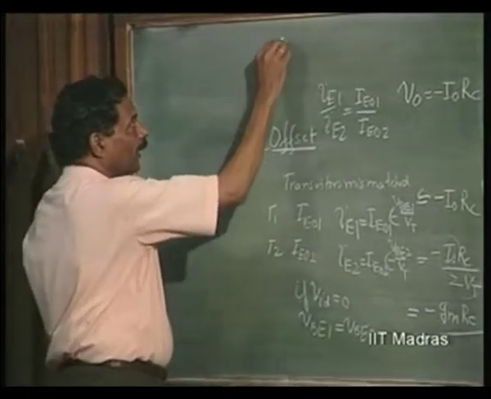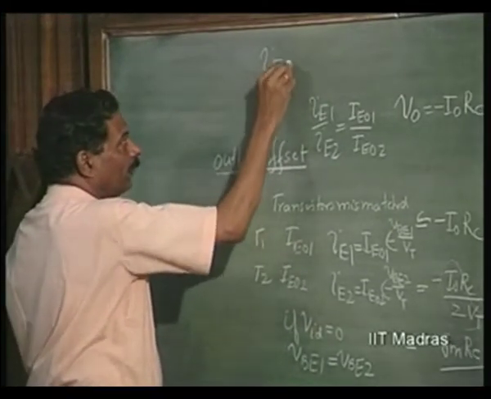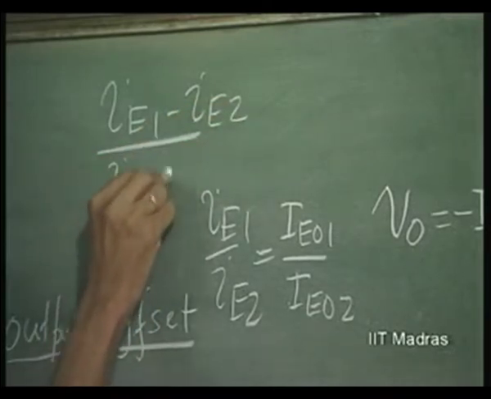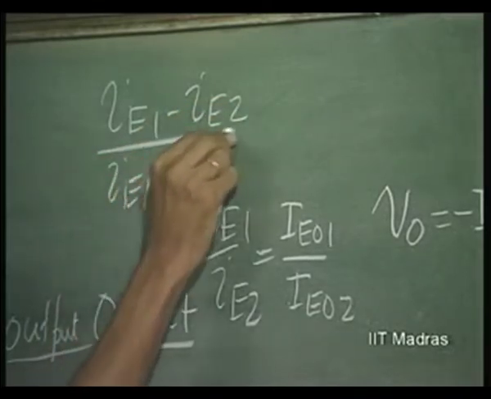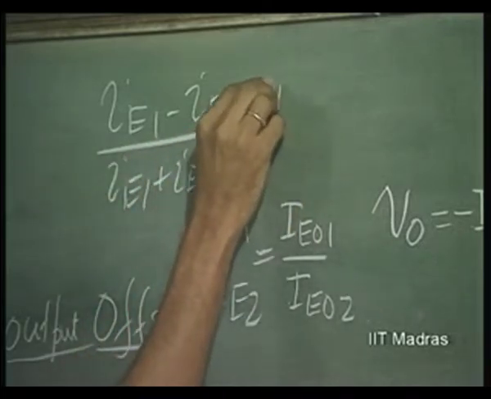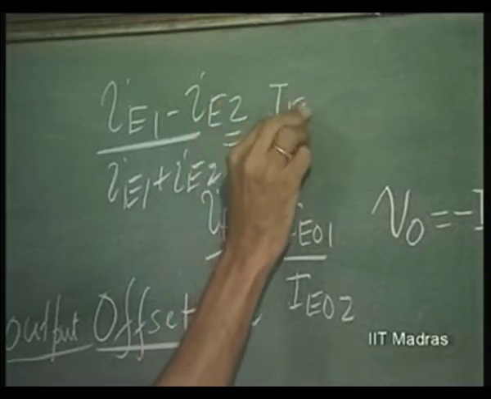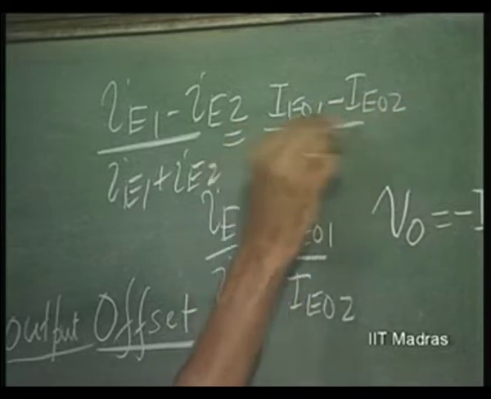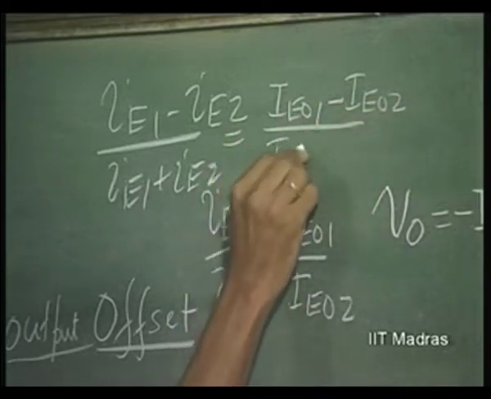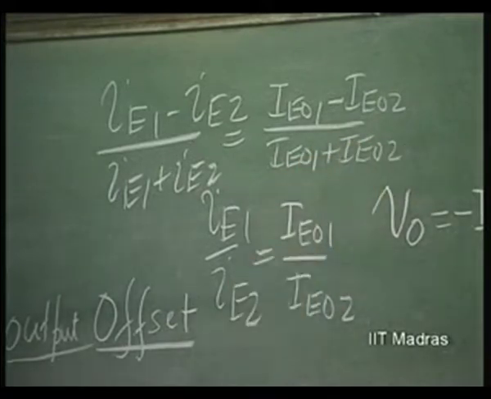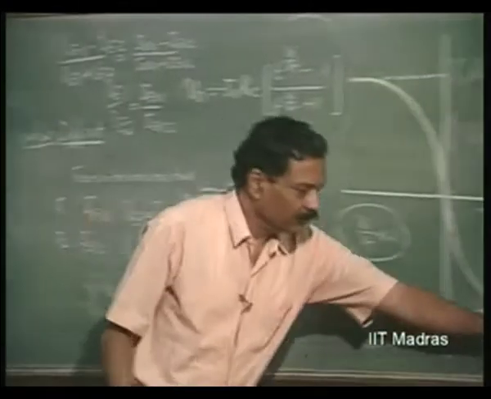And IE1 minus IE2 by IE1 plus IE2 equals this ratio, IE01 minus IE02 by IE01 plus IE02. What is IE1 plus IE2?